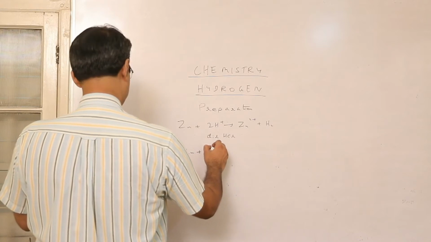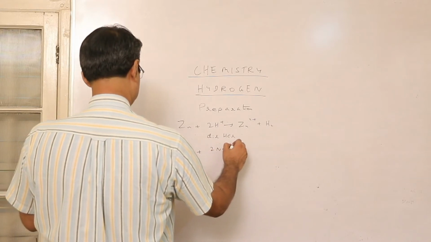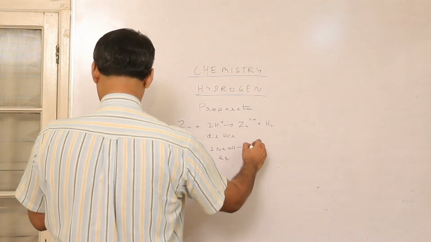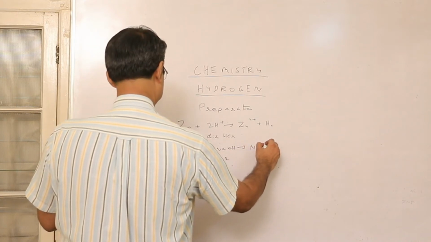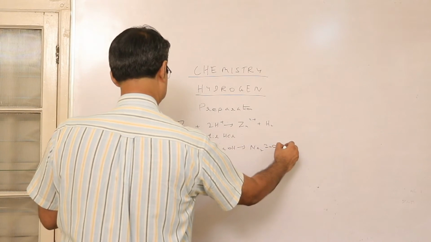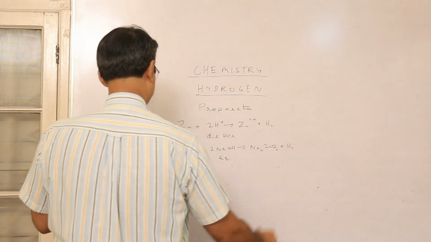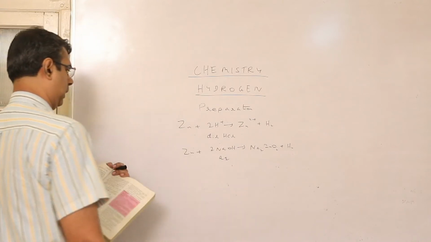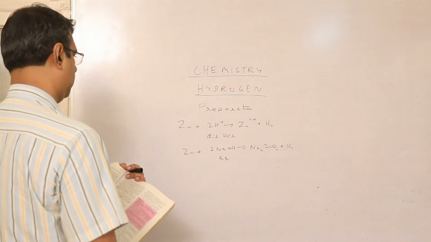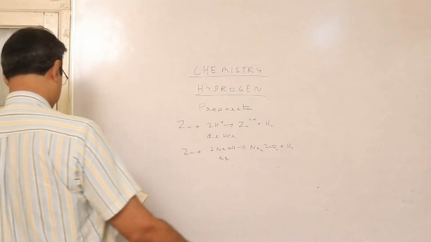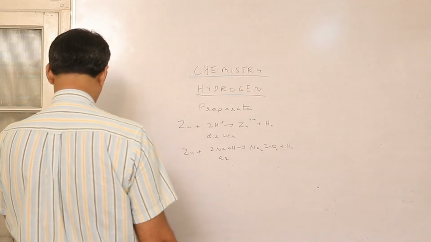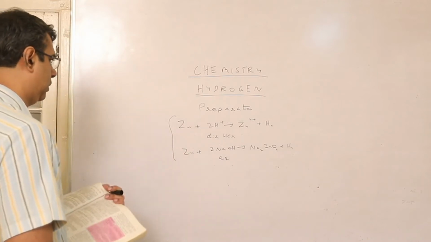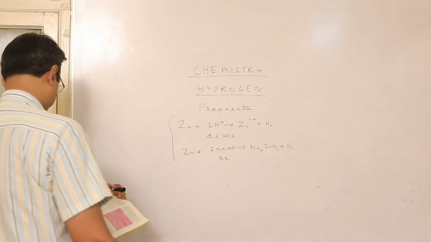The other way is reaction of zinc with aqueous alkali. So zinc with aqueous alkali can also give the formation of hydrogen. So these methods of preparation of hydrogen are laboratory methods.